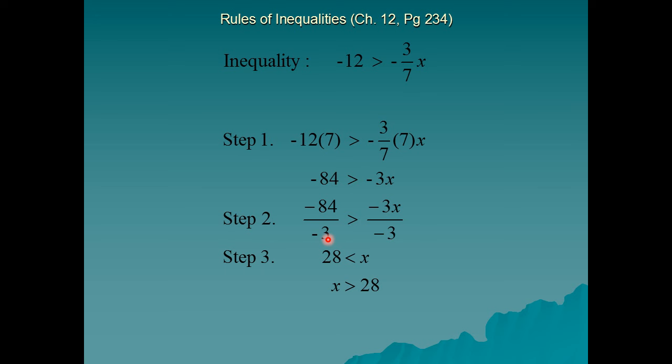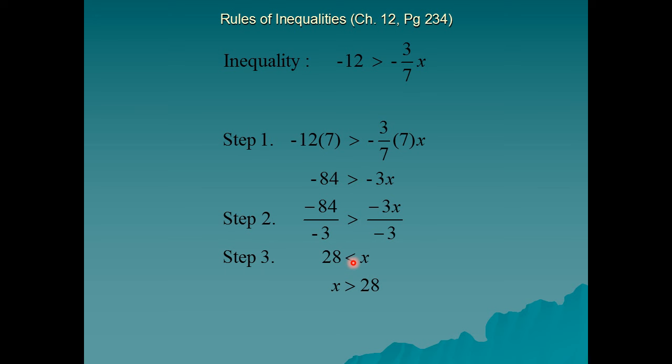But remember, if you divide or multiply by negative numbers, what happens? The inequality symbol flips, right? Do you see it flipped here? This was greater than, and this becomes less than. Why does that happen? Because we divided both sides by negative 3.